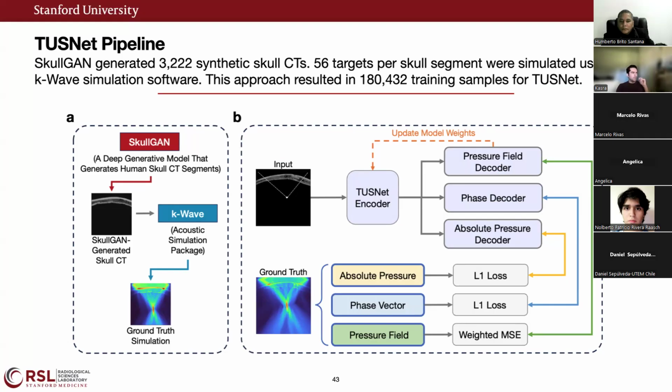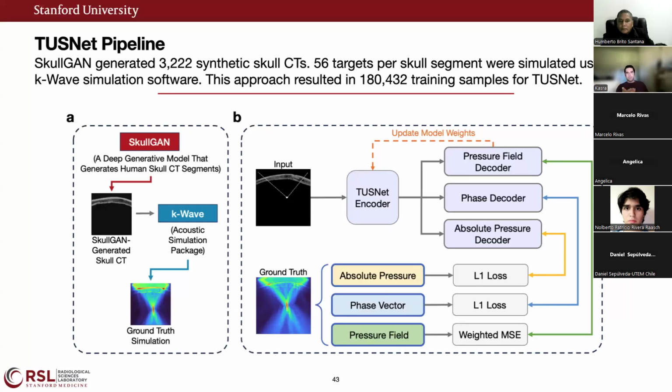We settled with 3,200. And then for each of those, we simulated 56 different target points with K-wave, because again, K-wave was our ground truth, right, simulation here. So that gave us about 180,000 training samples, input-output pairs, which we used to train TUSNet.